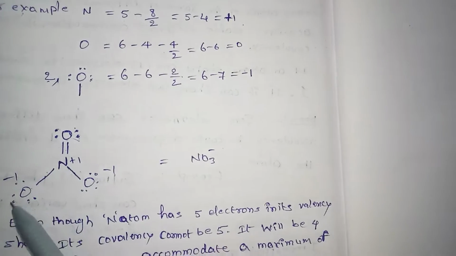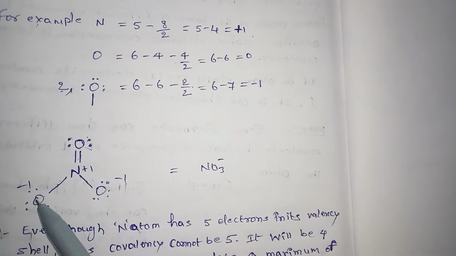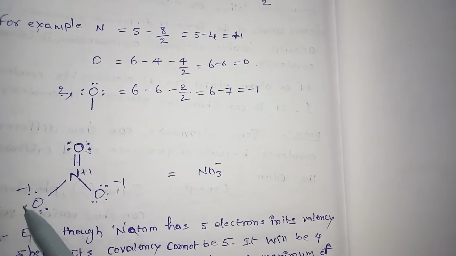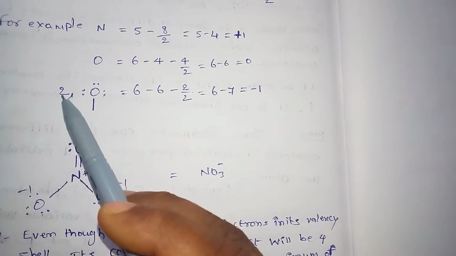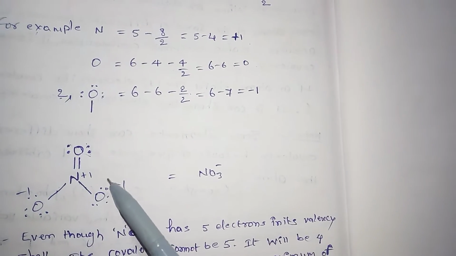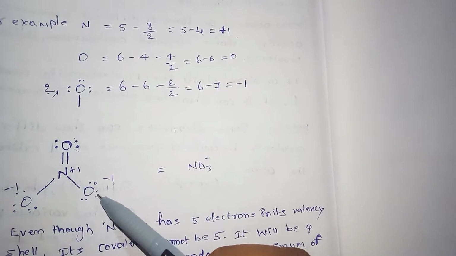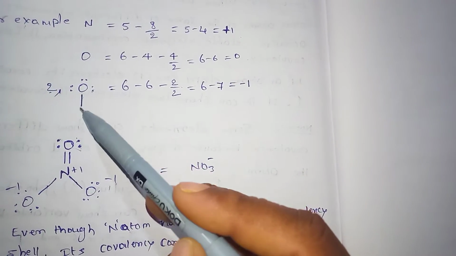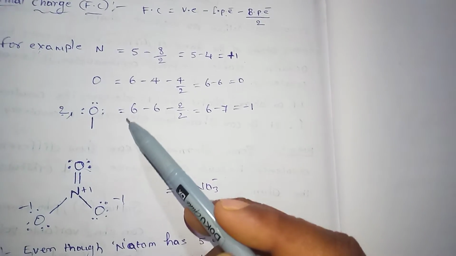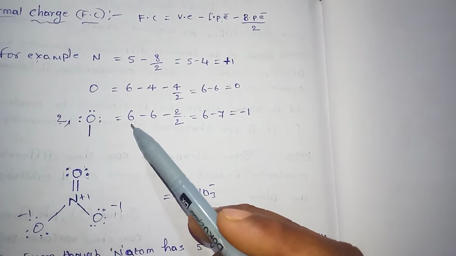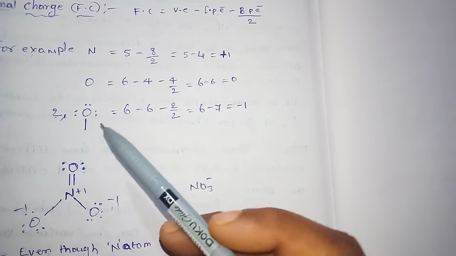And next, if you observe this compound, these two oxygen atoms are similar, that's why I write here 2. And I take the part of this oxygen atom to here. How many lone pair electrons does it have? 6, and 1 bond. So how many valence electrons does it have? 6 minus how many lone pair electrons?